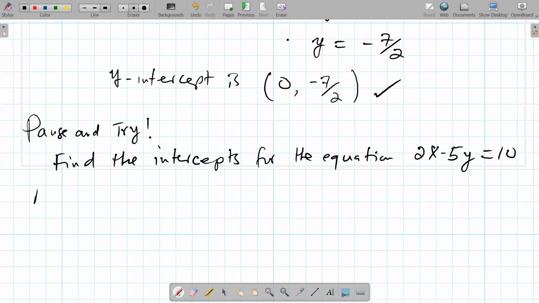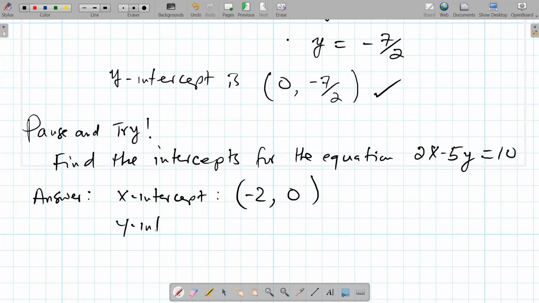And the answer will be this. When you try, your x-intercept will be, remember, y is 0, so that should give you -2 here.